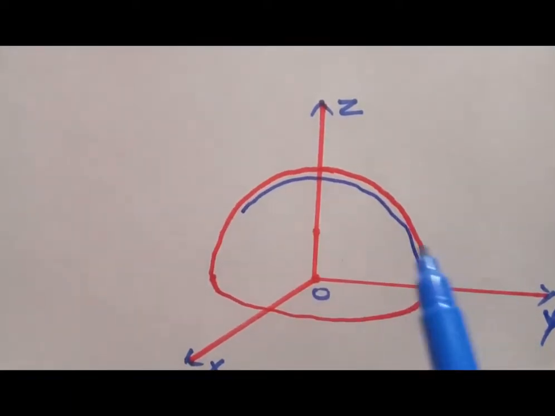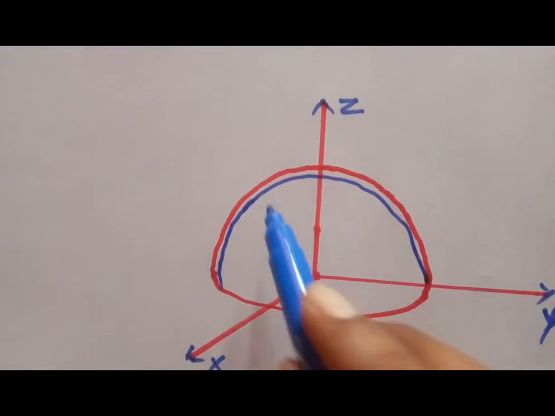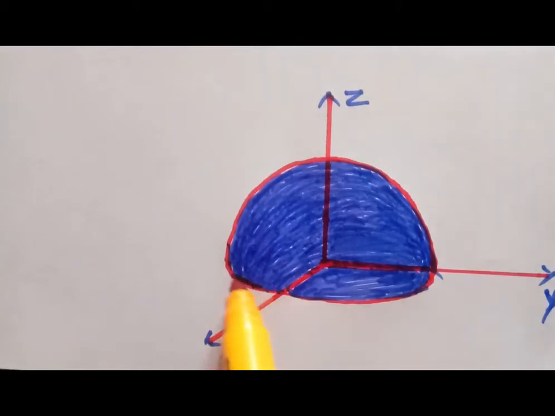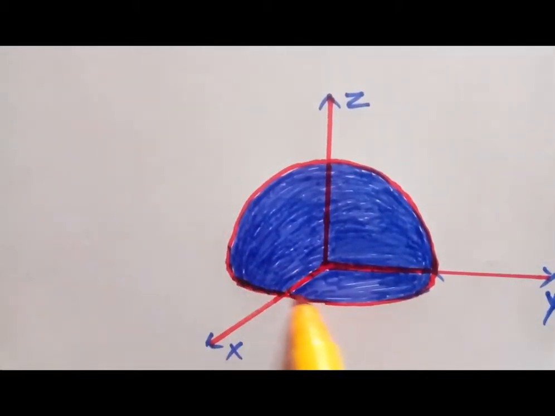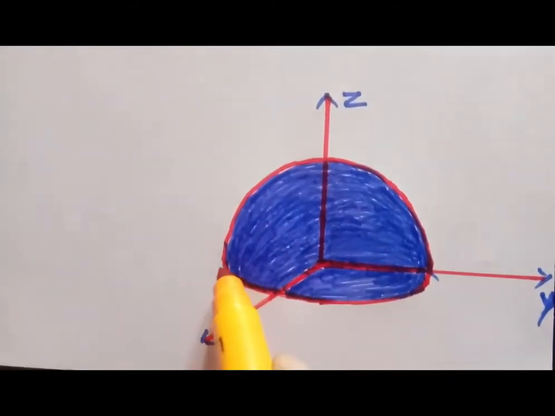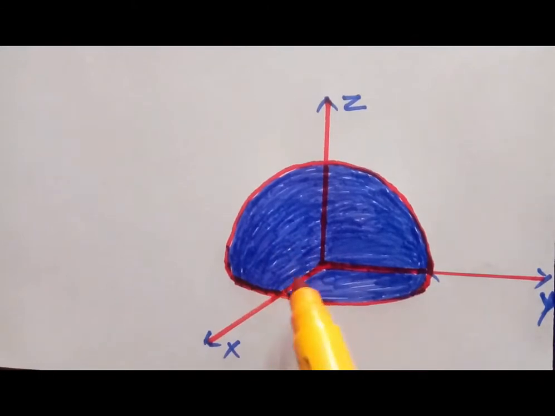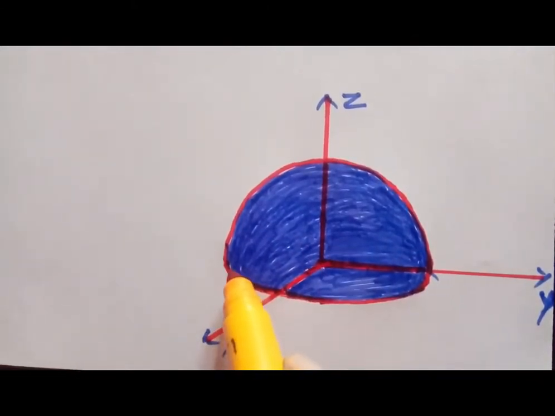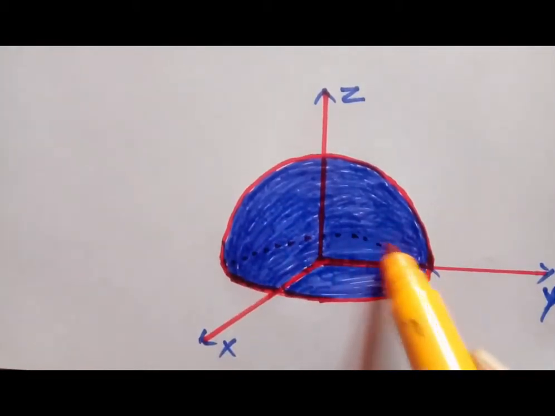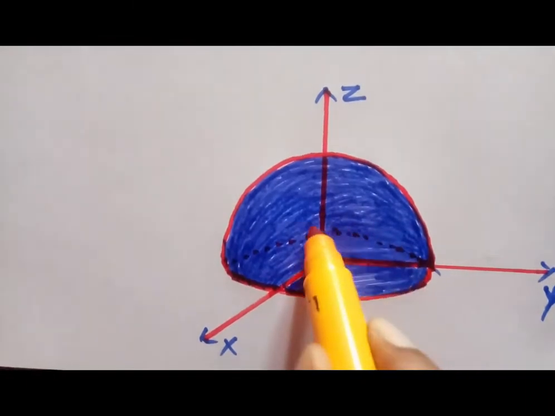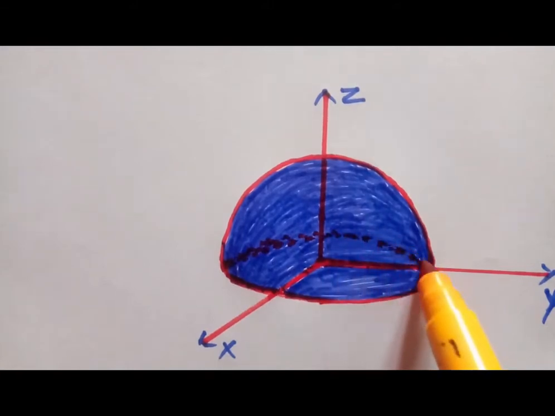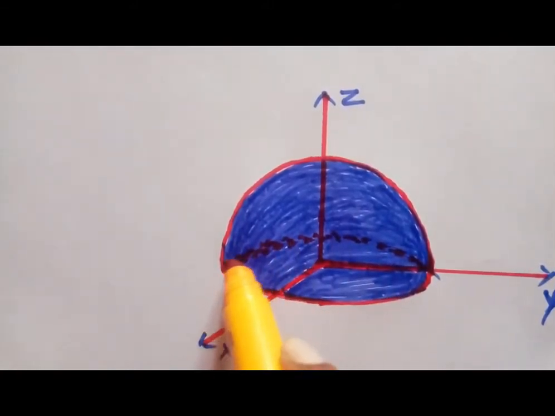Shading the region. This is the surface. Its boundary is its projection on the xy plane, that is, this is the projection on the xy plane.